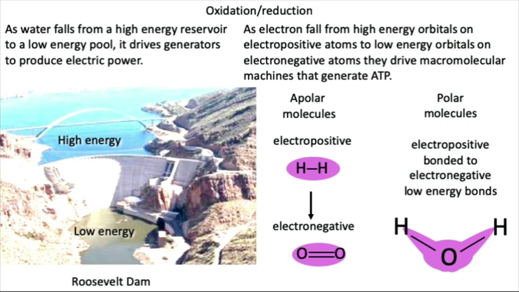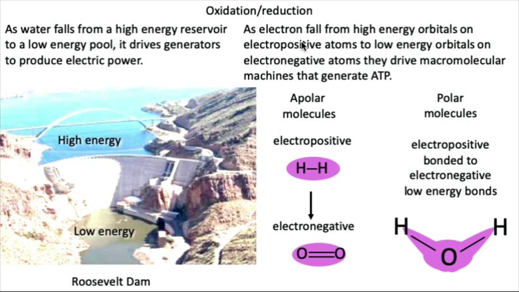To beat this dead horse even further, I want to make an analogy between a hydroelectric dam and the electron transport chain. In the electron transport chain, electrons fall from high energy orbitals in fuels all the way down to a low energy reservoir, the extremely electronegative molecular oxygen, in order to form water.